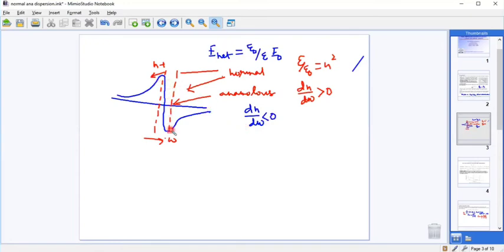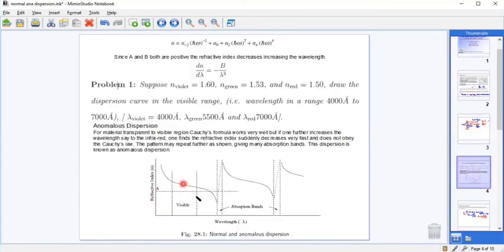So in between this part is where the derivative of n over omega is less than 0, meaning the negative slope is for the anomalous one, and the positive slope, this part and that part, is the normal dispersion, when the change of refractive index with frequency is greater than 0. Anomalous dispersion often occurs at frequencies where absorption is large. This is also the behavior the curve shows.